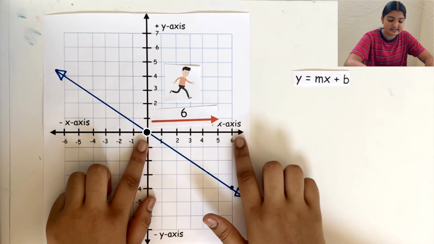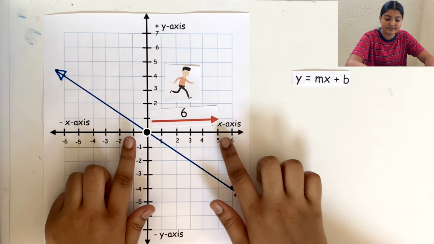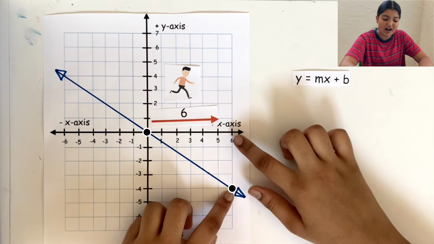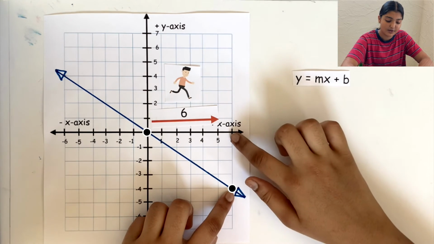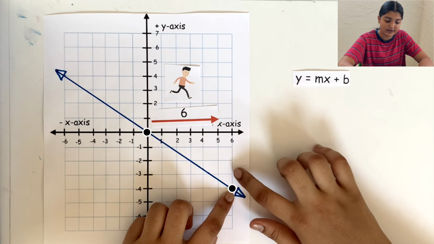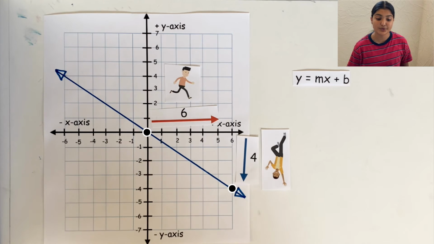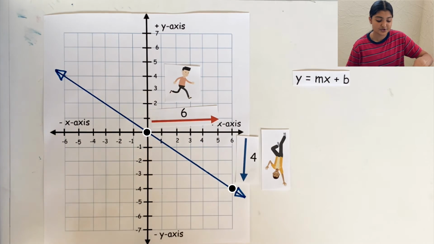So we run 6 units towards the positive x-axis. Now how far do we travel vertically? 1, 2, 3, 4. So we fall 4 units towards the negative y-axis.